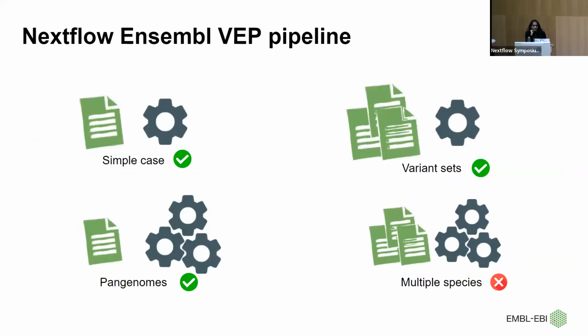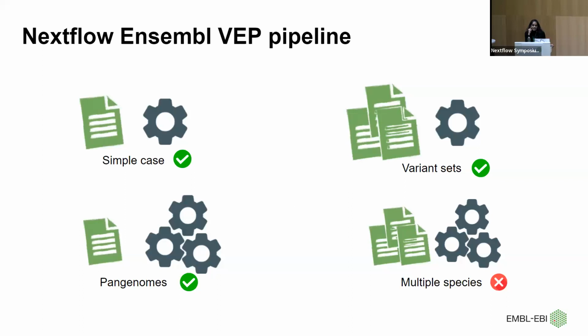This is one of my first projects, so it is kind of special in that way. We initially started off with handling the use case with a single input and a single configuration file. So the Ensembl VEP can take a configuration file. But as we continued developing, we realized that we have to handle many more use cases.